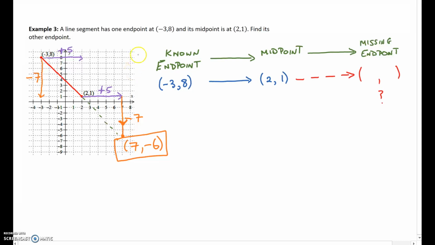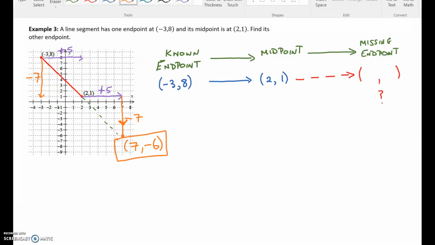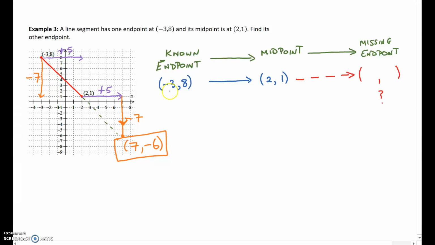Now, let's see if we can do that without drawing the graph. Forget about the graph for a moment and just concentrate on what we did. The x's went from -3 to 2. So you ask yourself, what do I have to add on or subtract to -3 to get to 2? If you can't do it in your head, just draw a little number line. Going from -3 to 2: -2, -1, 0, 1, 2.